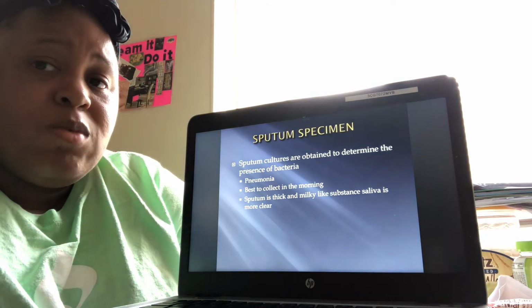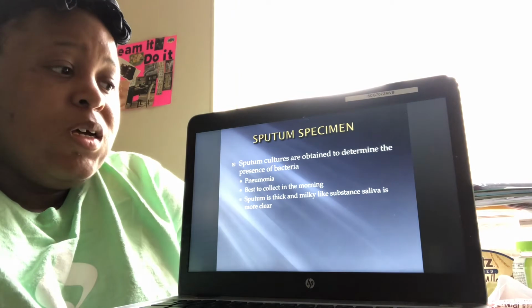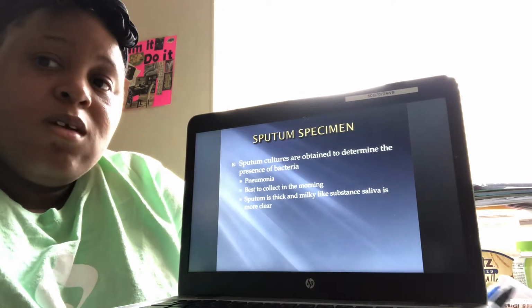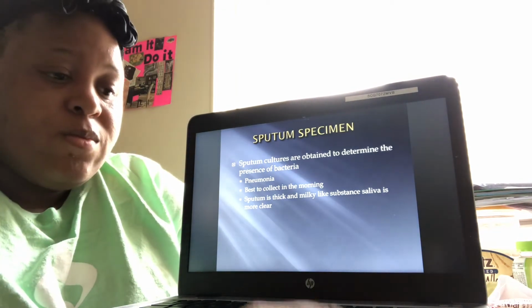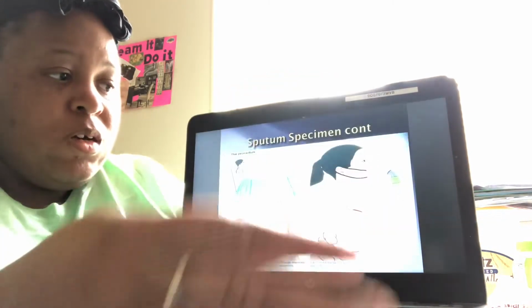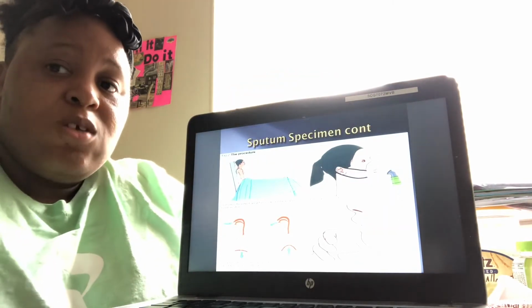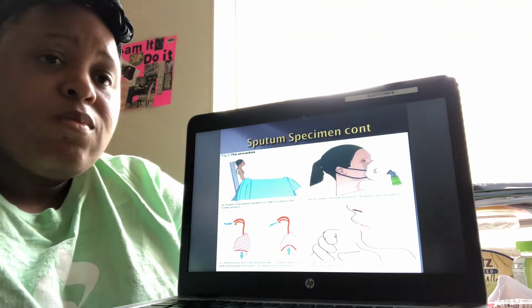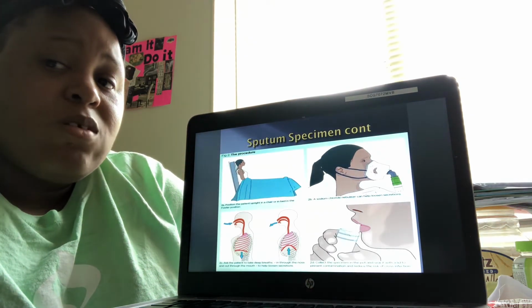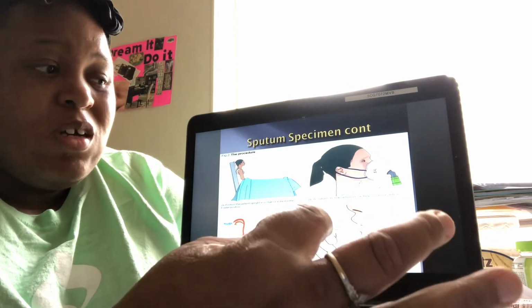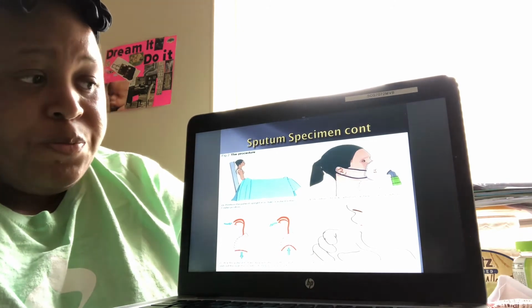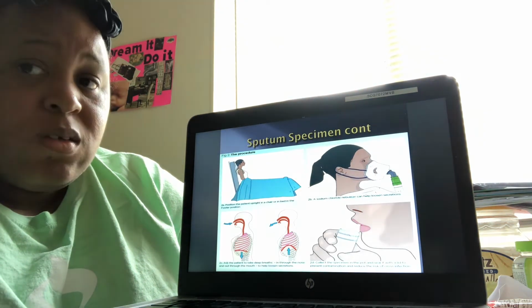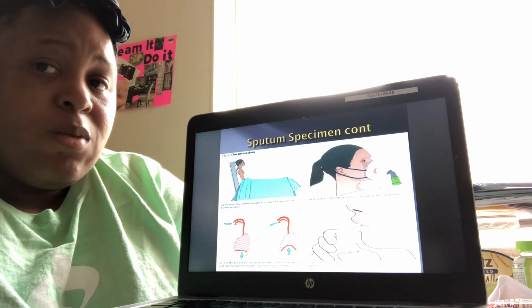We want sputum to be thick and mucus-like, not clear and thin. That is saliva. So what we're going to do is have the patient sit straight up. If a person is on a nebulizer, once they get their treatment, it'll loosen up some of those secretions to bring up the mucus.